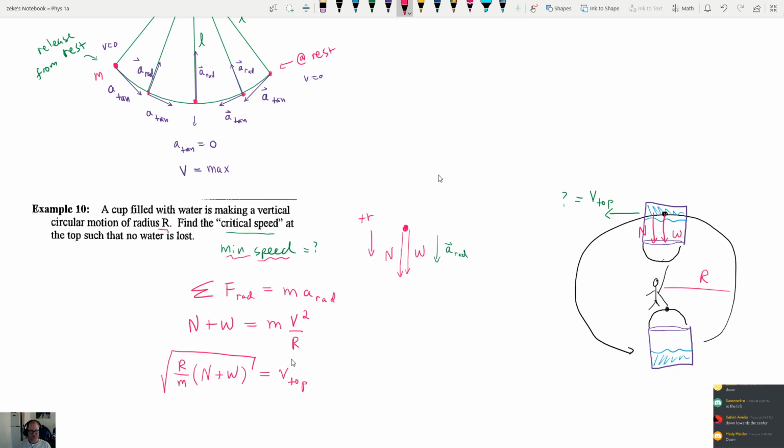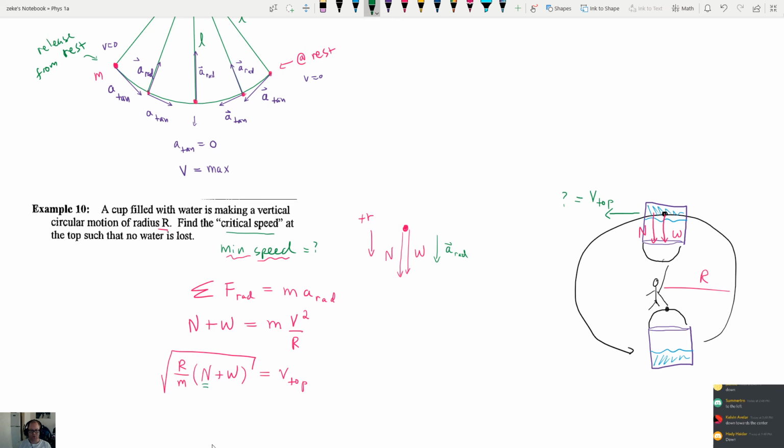The speed should have nothing to do with how much water is actually in the bucket. The amount of water is just going to determine how hard it is for you physically to keep rotating it around before your arm gets tired, right? How heavy it is, basically. And the weight of the water in the bucket, we really can't control that either. Whatever mass we have is going to determine the weight. So there's only one variable in here that we can actually alter, and that's the normal force.